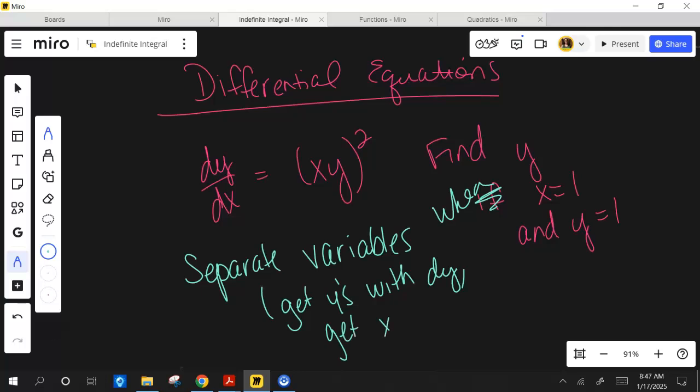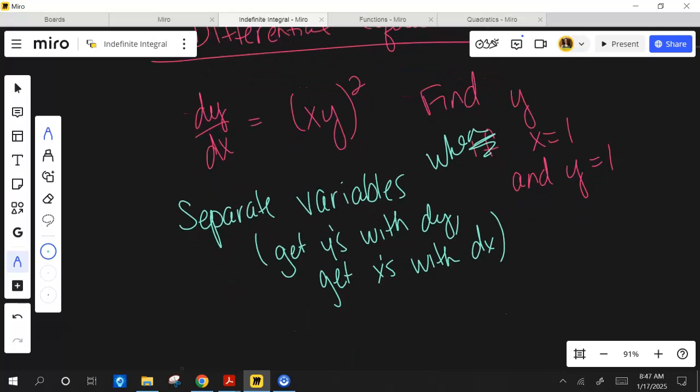Get the x's with dx on the other side. And then integrate. I love differential equations.